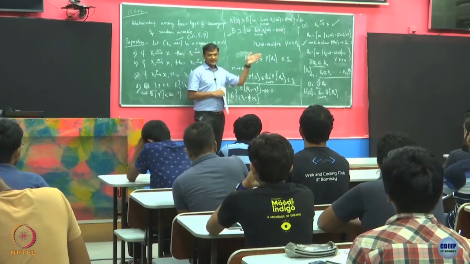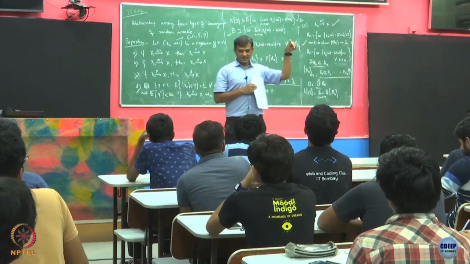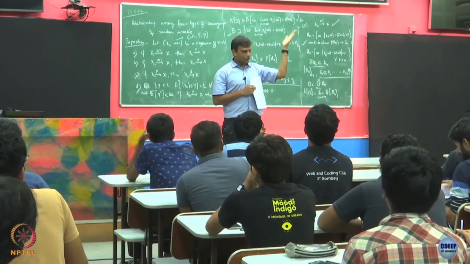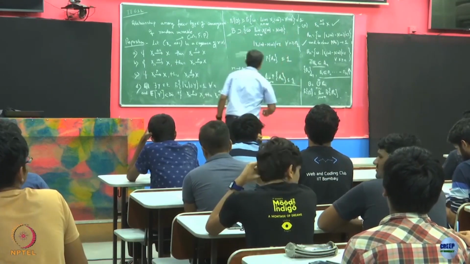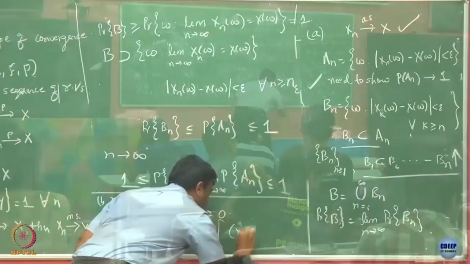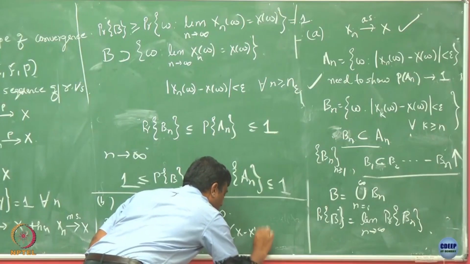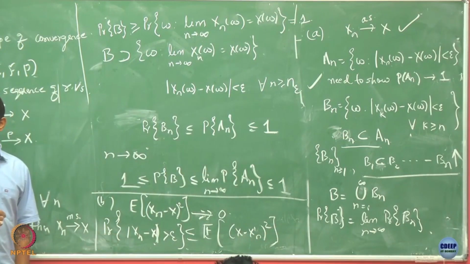So do you recall any relations we studied so far where the probability of a random variable being larger than something I could express in terms of an expectation? The Markov inequality, right? So if I apply Markov inequality here, what is this going to be? And what is this upper bound?